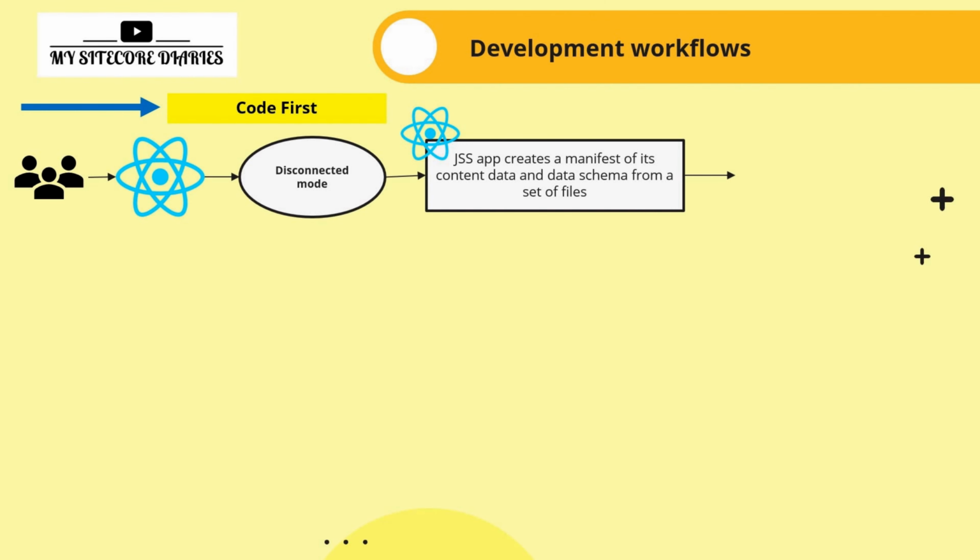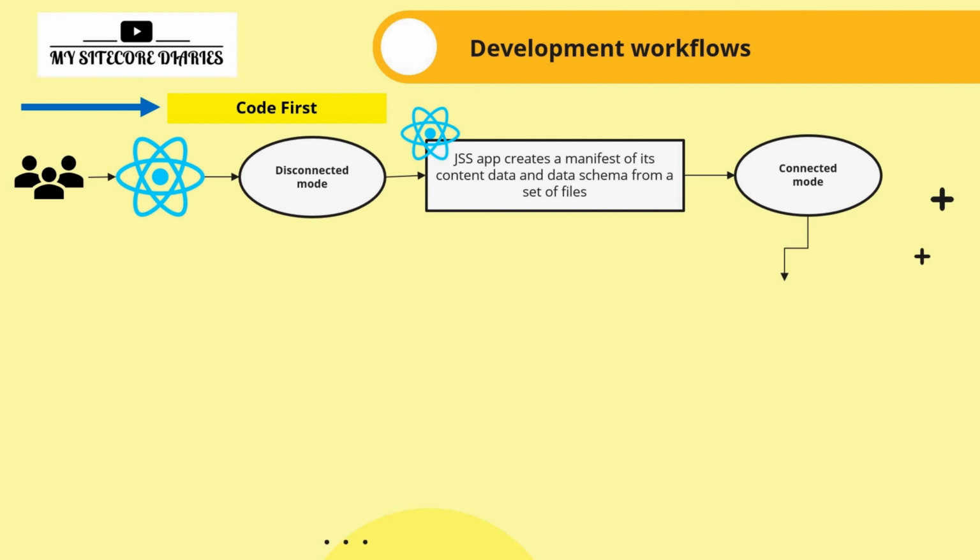Once your development is done on those static files, then you can connect to Sitecore by using the Sitecore CLI command. This approach, where you are following this route, is called the code first approach, because you are first working on the code, not on the backend.